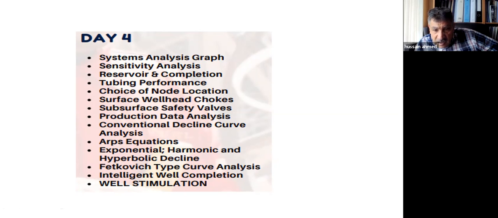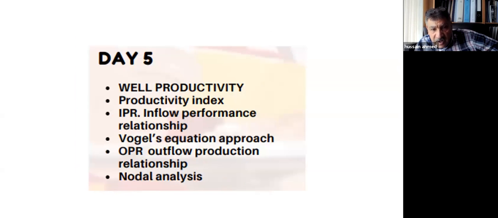The decline curve, the Arps equation, we are going to touch on it as well, and many other things. Integrity, intelligent well, I call it smart well completion, as well as stimulation, fracturing, acidizing, and so on.